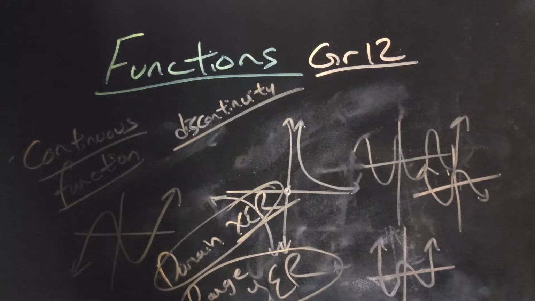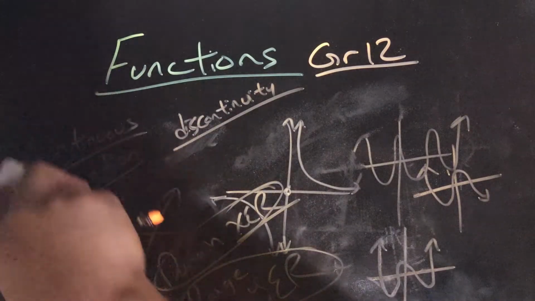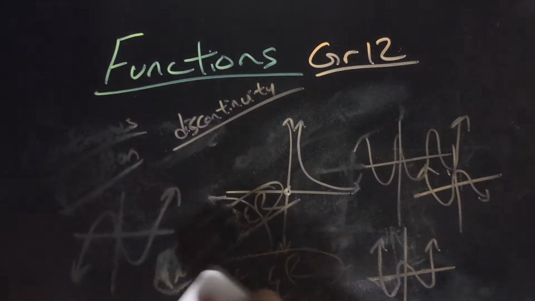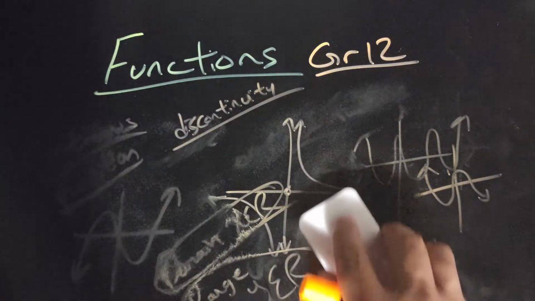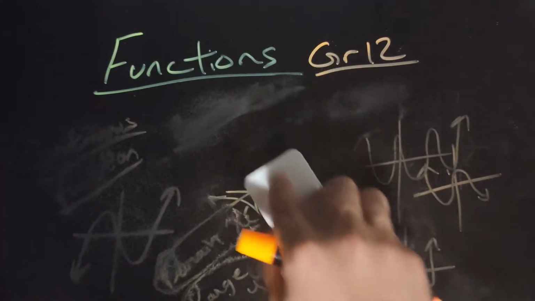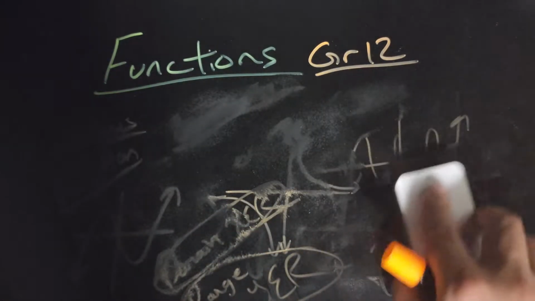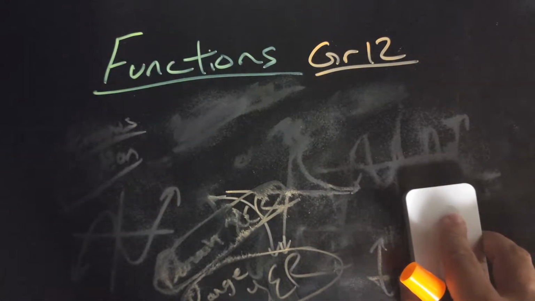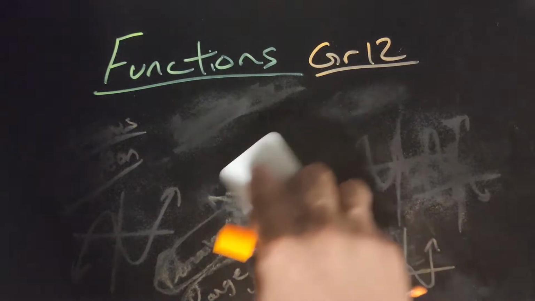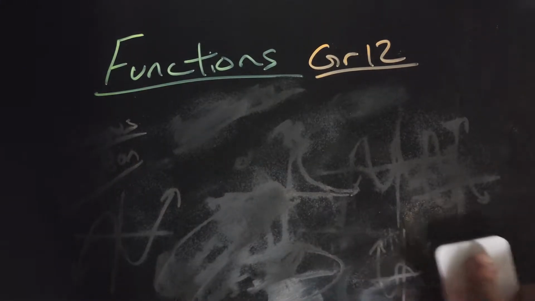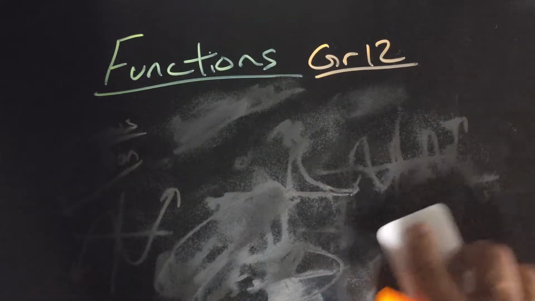If you need a refresher on how to map out graphs, there's tons of videos that I've already done graphing, or sketching graphs of different types of functions. You can just go back there and see what you want to relearn.